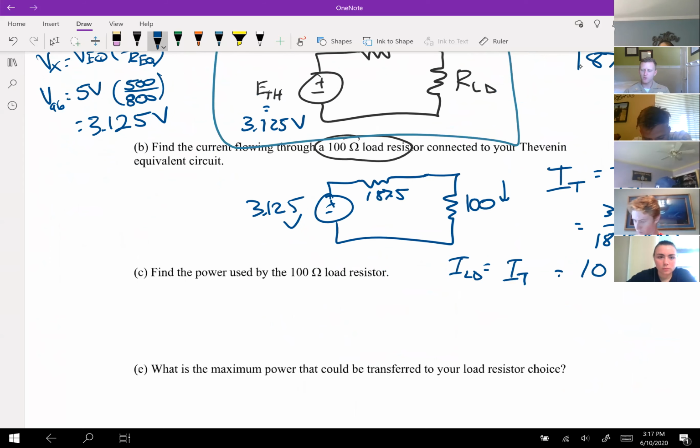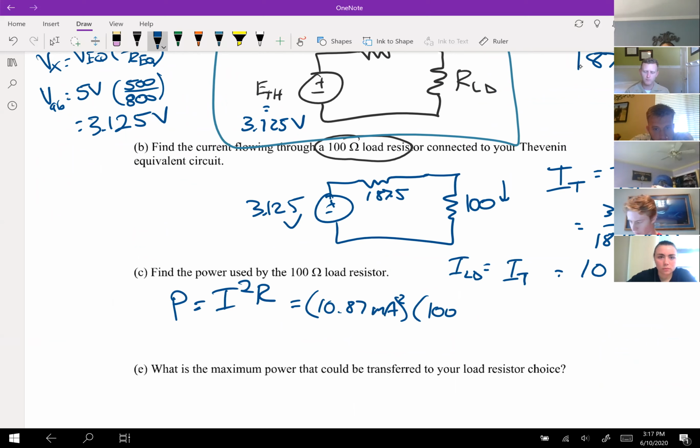The question is the power used by that? Well, this one, going back to the idea of the fastest way to solve it, there are 3 different formulas. P equals I squared R, P equals VI, P equals V squared over R, but we already know I, so I'm going to use that one. 10.87 milliamps squared times 100, because I'm looking for P load, which is I load, R load.